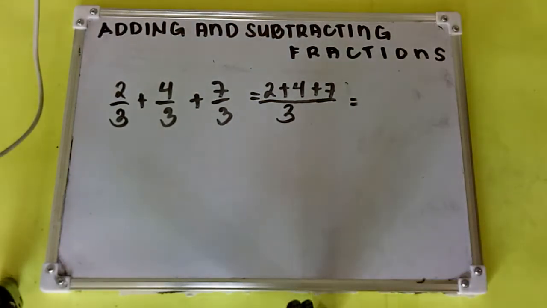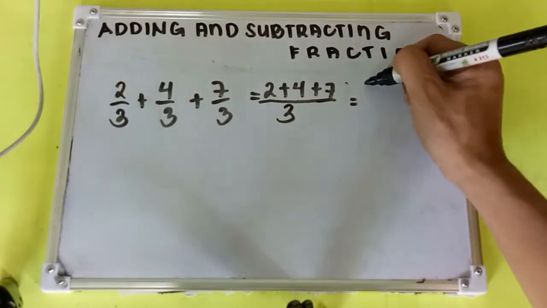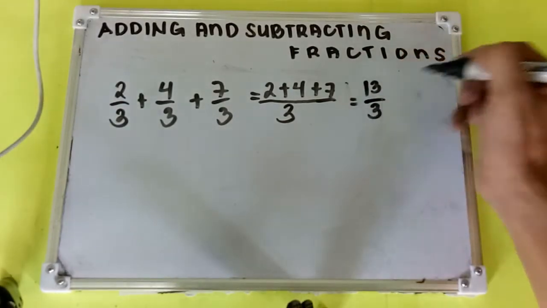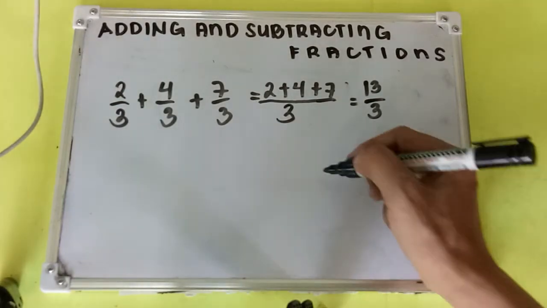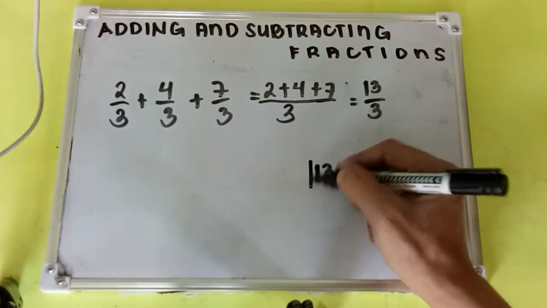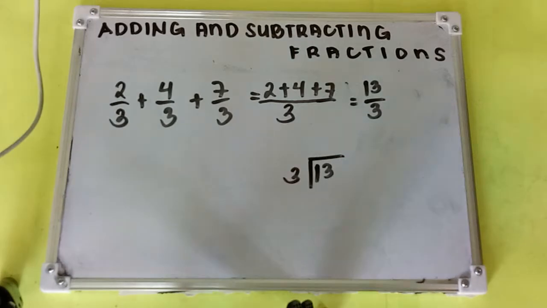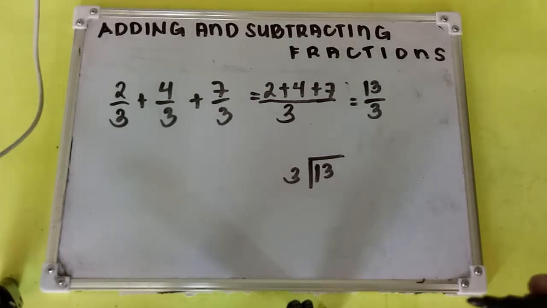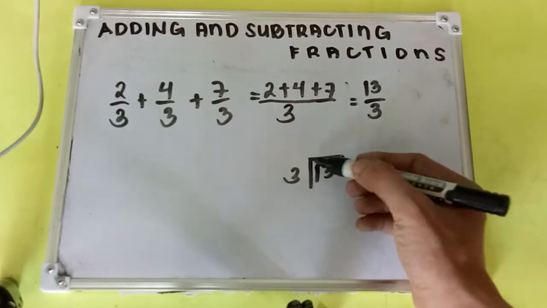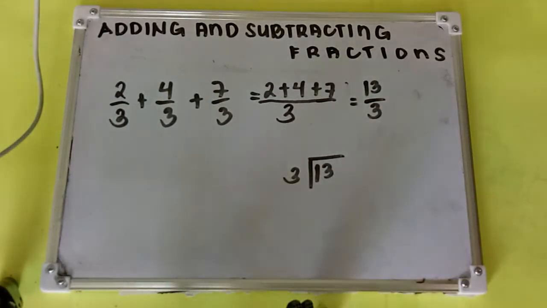Idamay na natin since ang sagot natin ay improper, 13/3. So gamitin lang natin yung pang-elementary na process. So 13, i-divide lang natin by 3. Ganyan ang gagamitin nating method. Gumagamit tayo ng ganyang line kasi sa elementary yan.